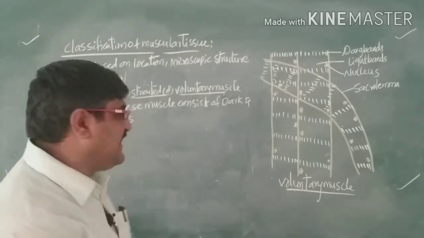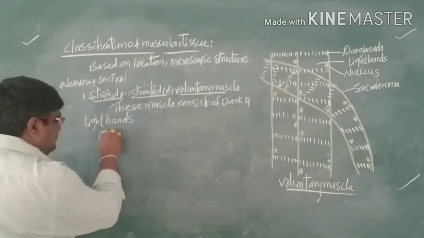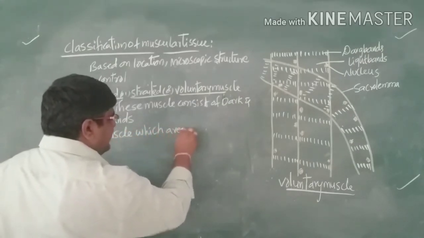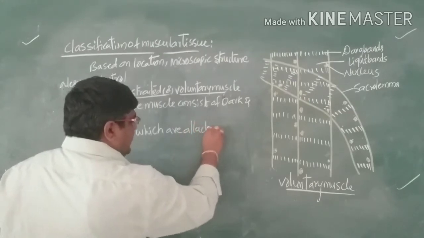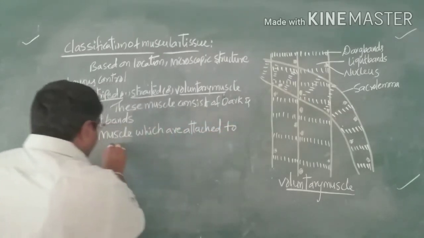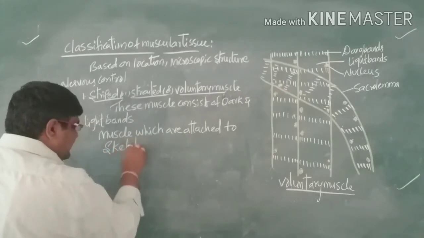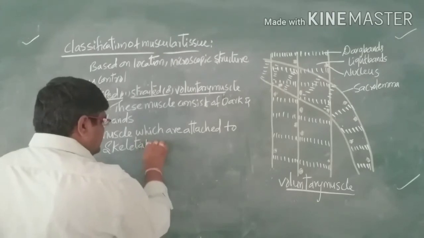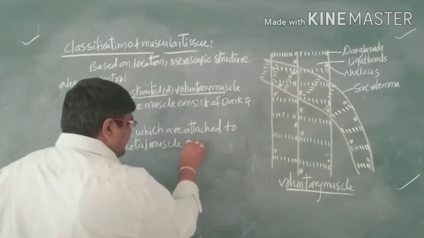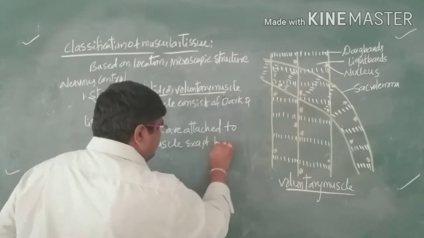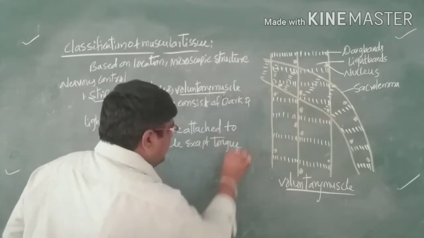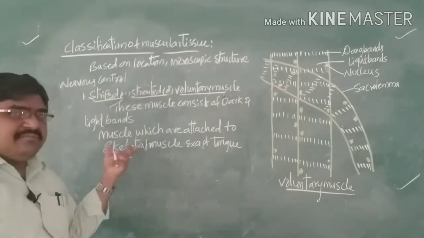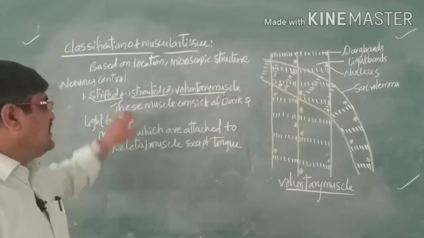That means the muscles which are attached to the skeleton, except the tongue, the remaining muscles are attached to skeletal muscles. So they are called striated muscles.